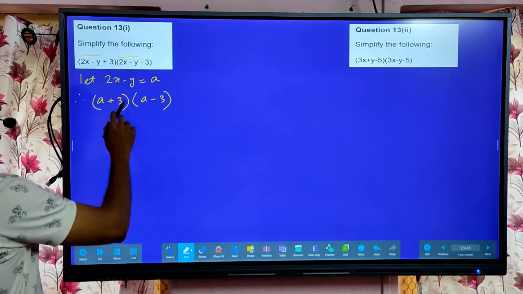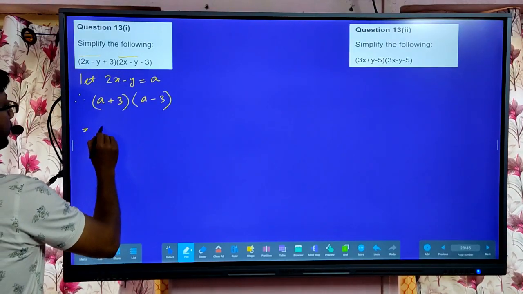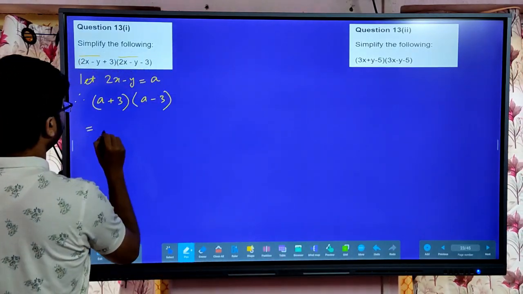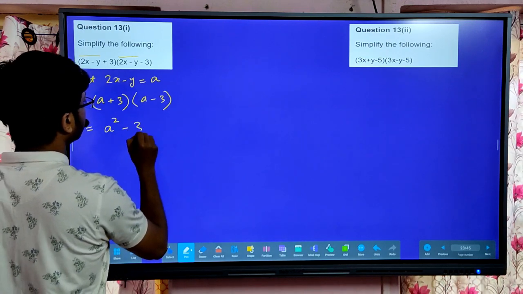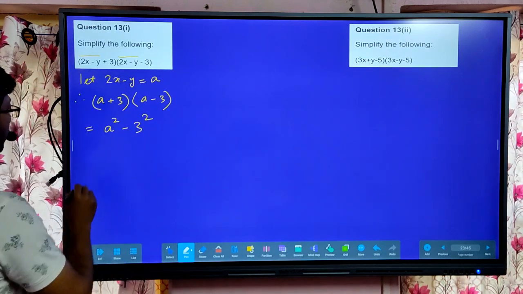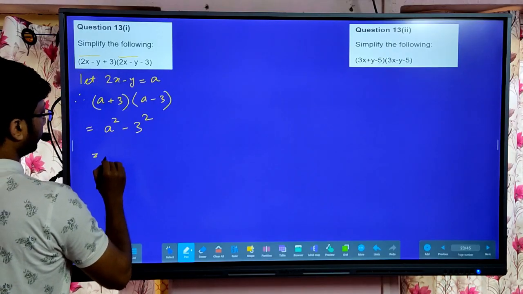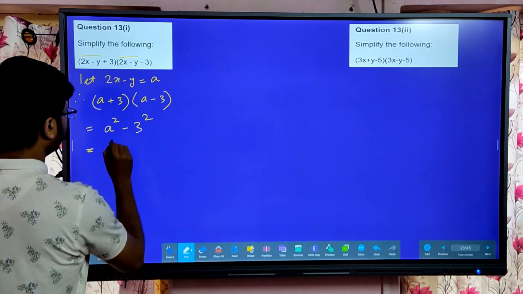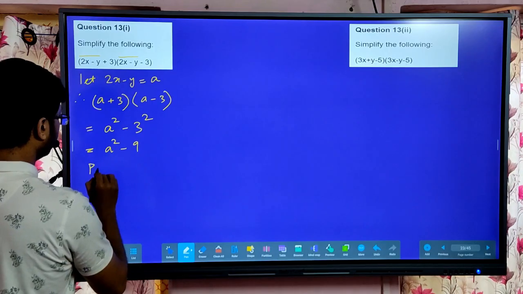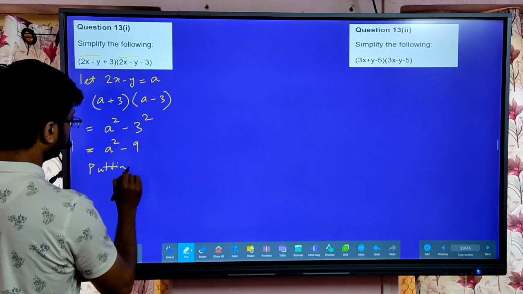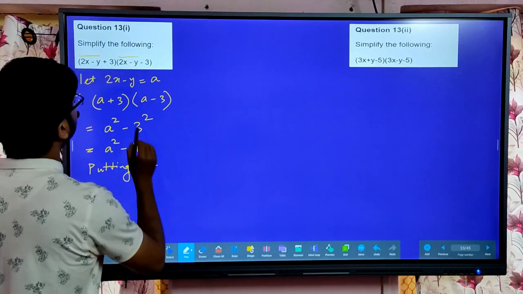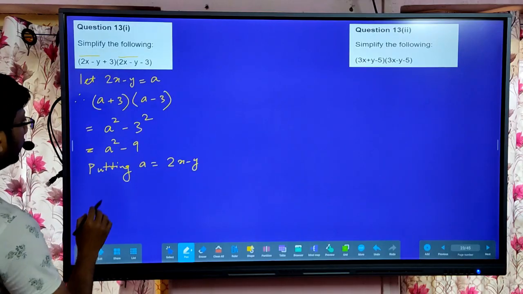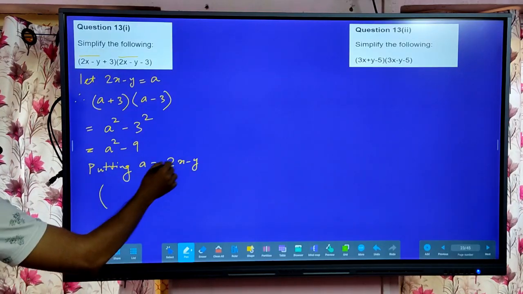So a plus b into a minus b will be a square minus b square. This will be a square minus 3 square, so actually this will be a square minus 9. Now putting a equal to 2x minus y, which you have considered, in place of a you have to write 2x minus y.